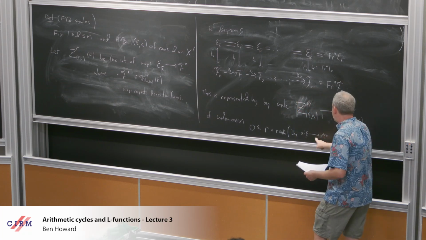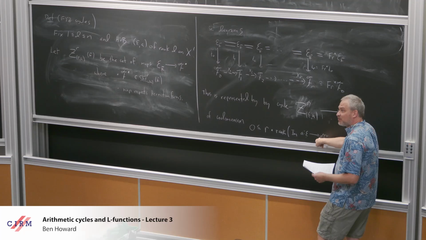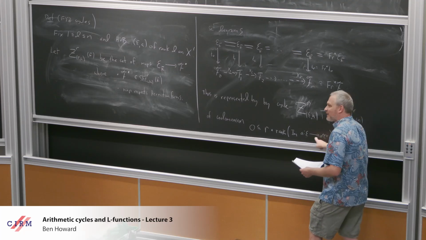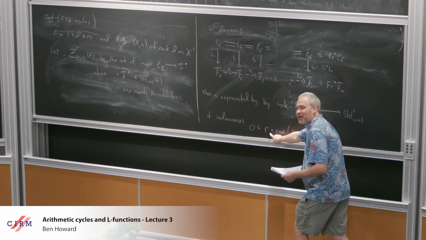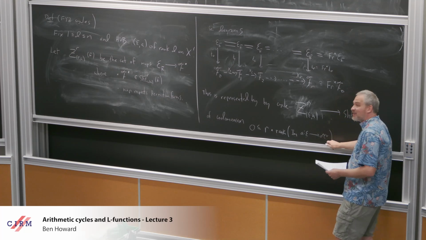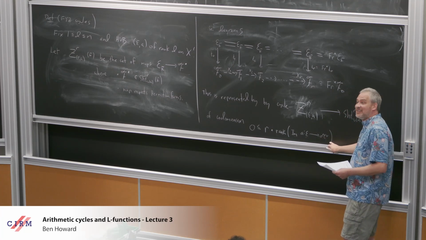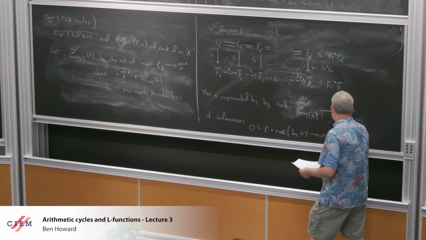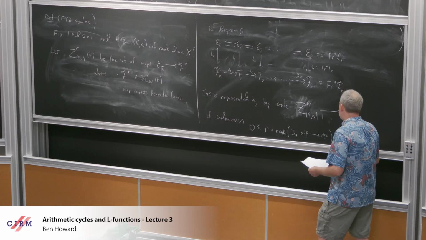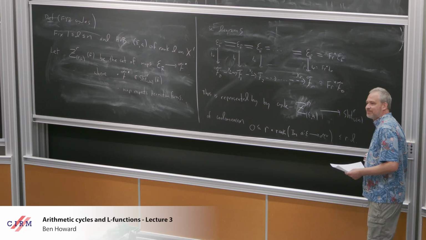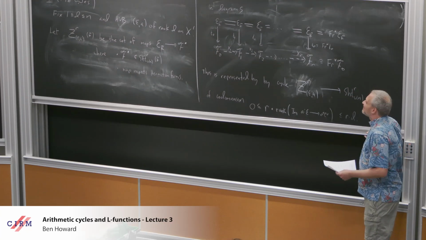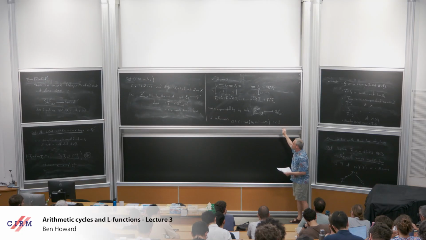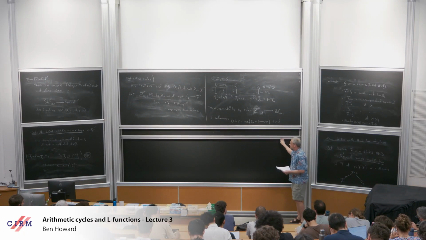The image of that map is a sub-vector bundle. You take its rank as a vector bundle and multiply it by R. So this is the analog of the rank of the matrix T, if you believe that E is like a matrix T, which is at most R times D. So the codimensions of our cycles always come out to be multiples of the number of legs.